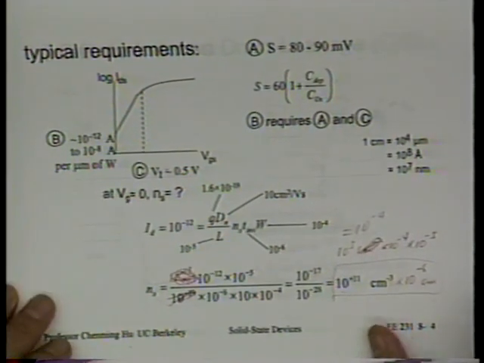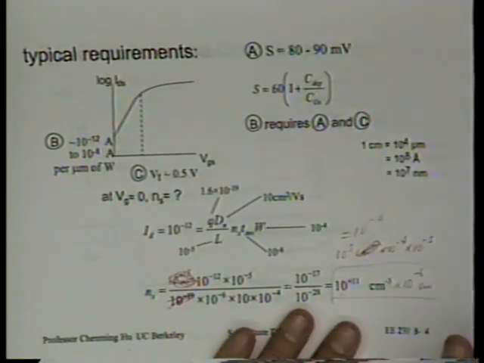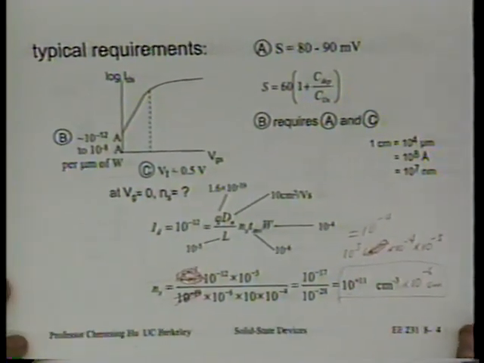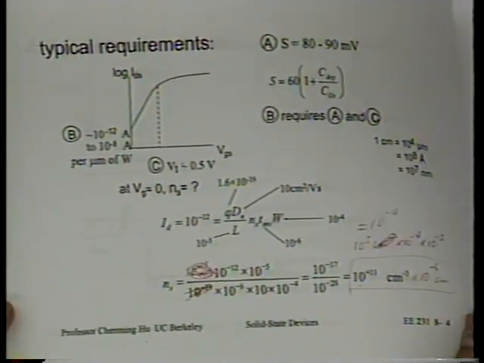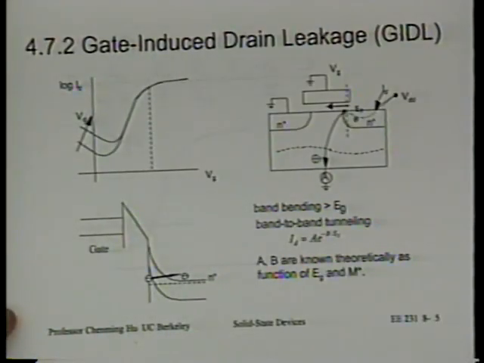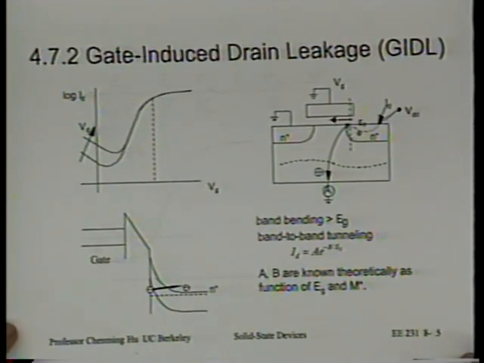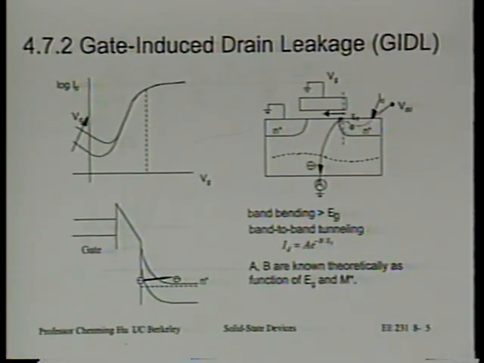So it's not surprising we could have a leakage problem if we have 10 to the 15th electron concentration. Even at VGS equal to 0, in what we call subthreshold, we still have plenty of electrons, right? Any questions? All right, if not, we have finished discussion of the subthreshold current.